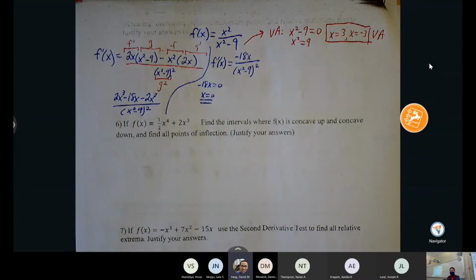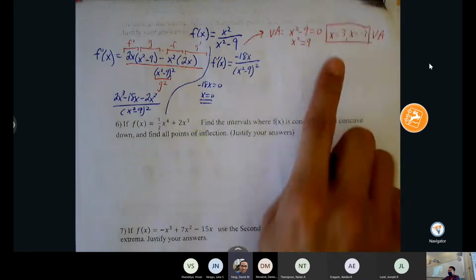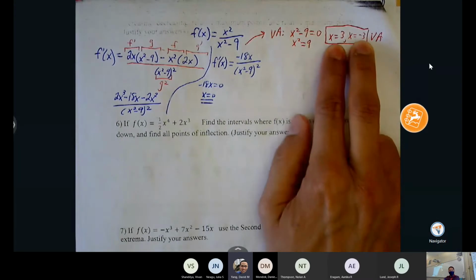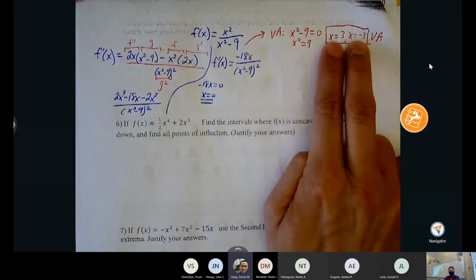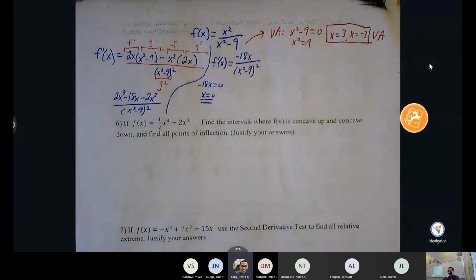Some of you may be thinking, why do we put the asymptotes on the sign line if there's no chance of it being a max or min? Anybody have any thoughts? Are max and mins the only purpose of the first derivative test?